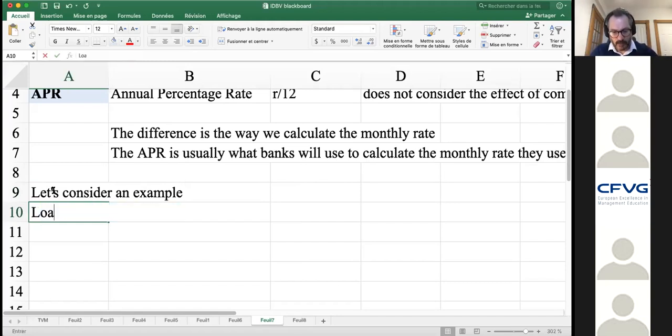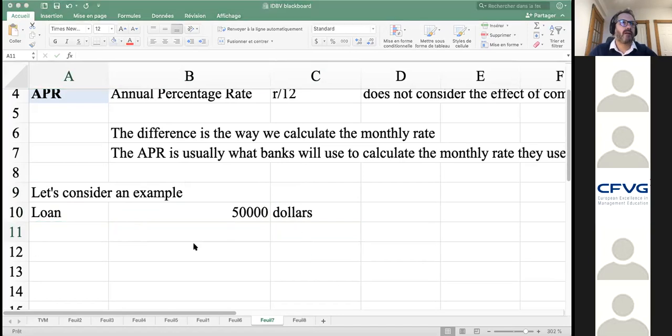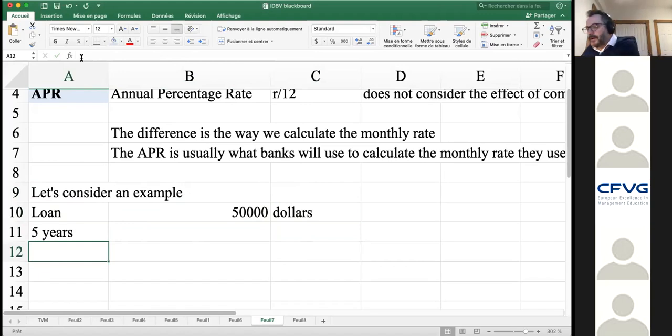We have a loan of, let's say, $50,000, for 5 years, with monthly payments.